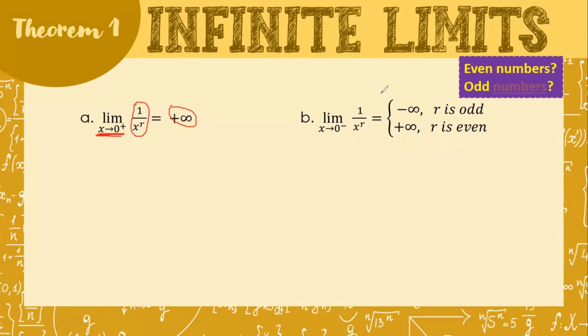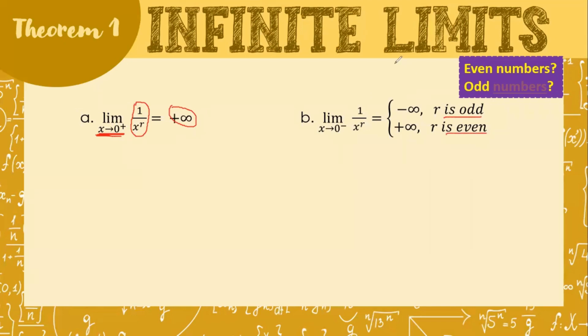Now if the limit of the function 1 over x raised to r as x approaches 0 minus, or to the left, then the answer of your limit will vary according to the exponent of your variable. So we have here the odd and even.